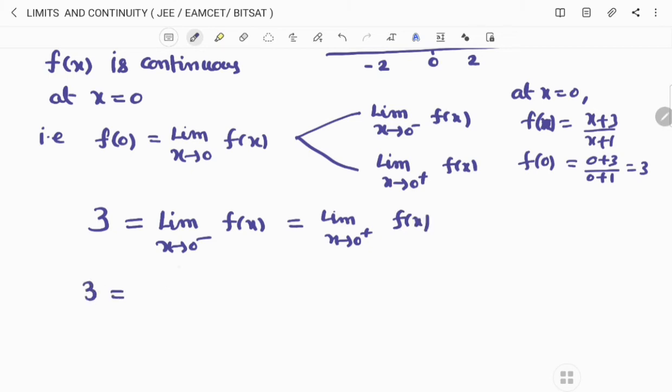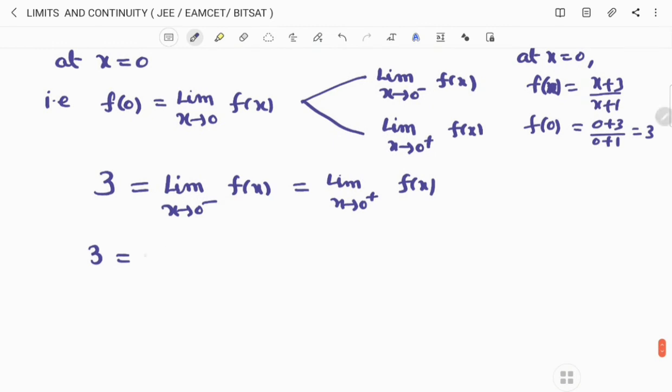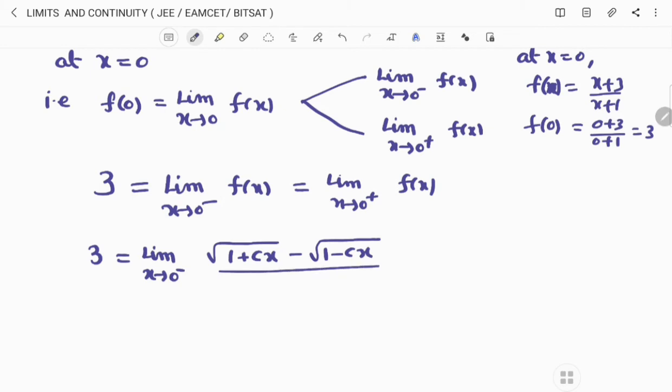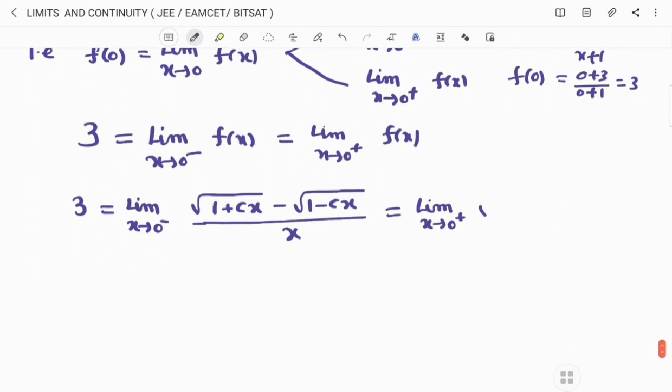So 3 equals the limit as x tends to 0 minus of (root(1 + cx) - root(1 - cx))/x, which equals the limit as x tends to 0 plus of f(x), that is (x + 3)/(x + 1). Substituting x = 0 in this limit, it becomes an indeterminate form.